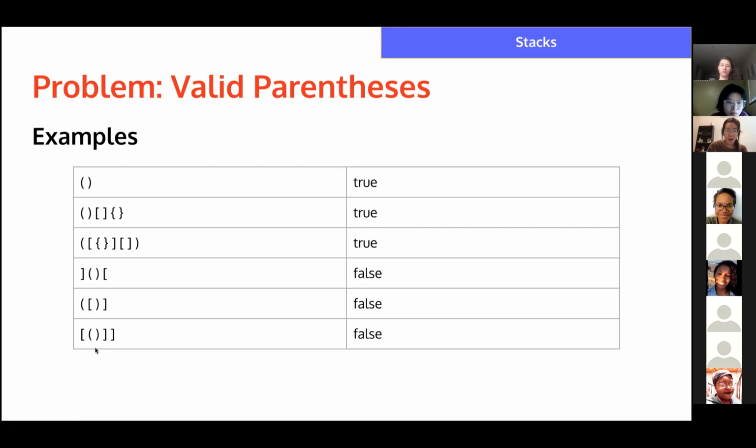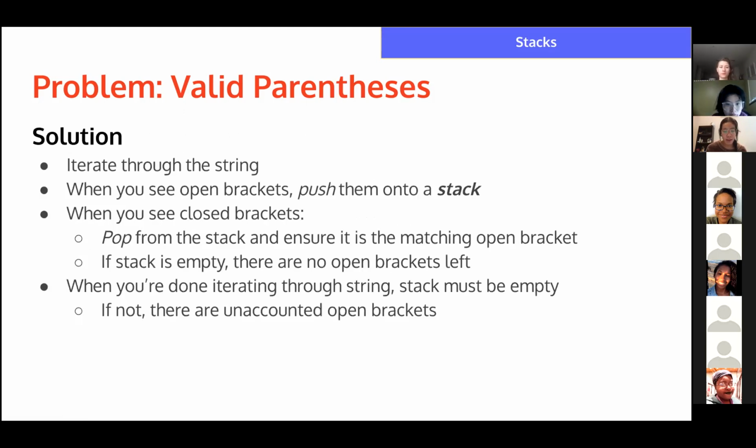Then we can pop off the round bracket. Similarly, when we see the closing square bracket, we check the stack, see that there's a square bracket that we already stored, we can pop that off. And then at the end of the problem, there should be nothing left in the stack because every opening bracket should have a corresponding closed bracket. So the stack should be empty.